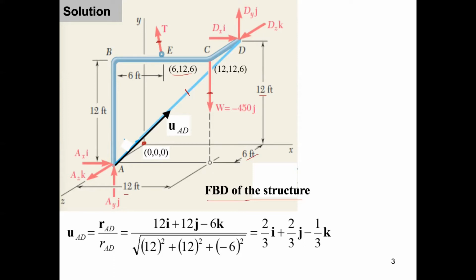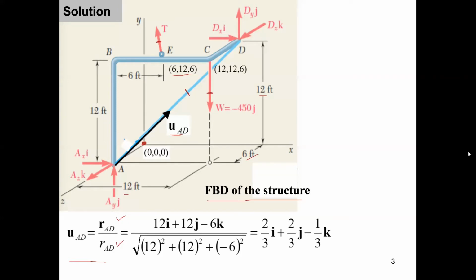In order to do so, we need to define a unit vector in the direction of AD. A unit vector AD is nothing but a position vector in the direction AD divided by the magnitude of this vector.